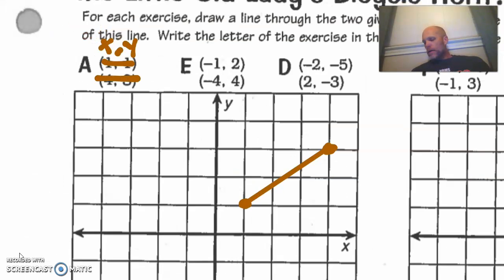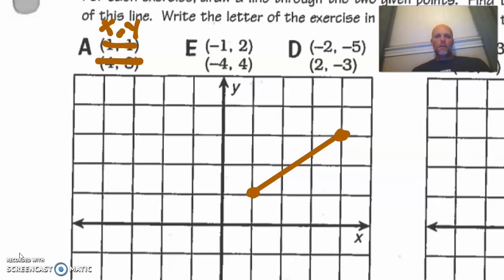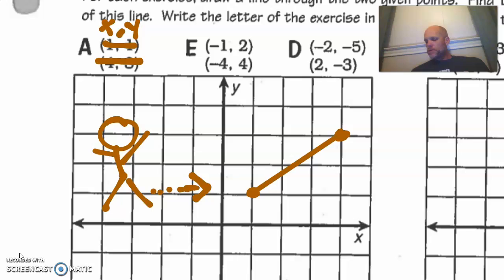We can find the slope of that line, the actual slope, not just if it's positive or if it's negative or if it's 0 or if it's undefined. So first off, in class, I always talk about when you read a book, you read from left to right. So we're going to read slope the same way, from left to right. So if you would pretend for a second that that's you, and you are going to walk towards that.